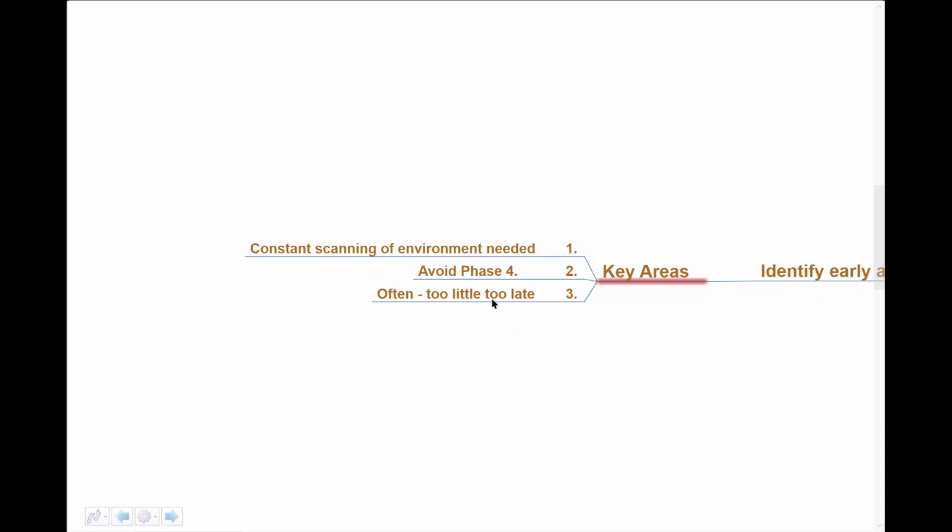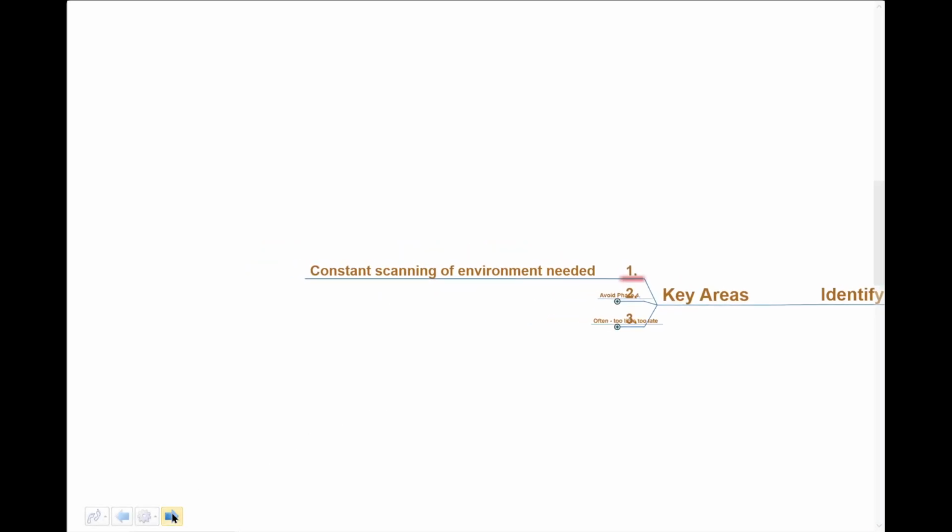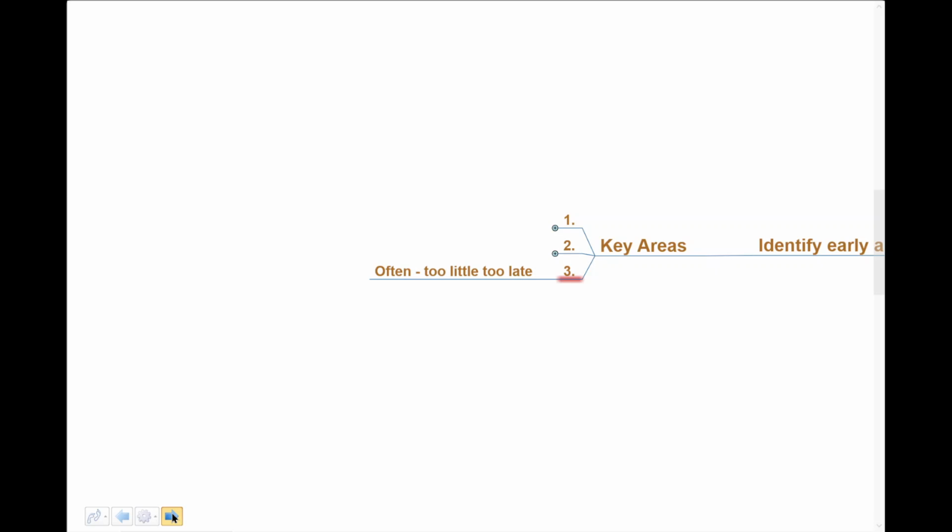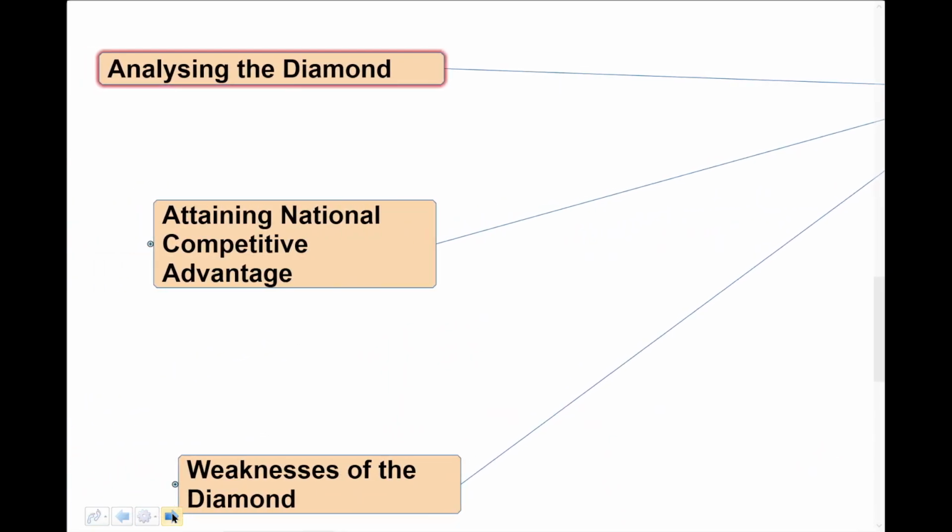We need to avoid that phase 4, as I said up top, where we've become, within the flux phase 3, so far removed from what's actually going on in the environment that to get back on track and to make that transformational change, to be back on side, is extremely difficult, if not impossible. So strategic drift is a problem for businesses, absolutely.